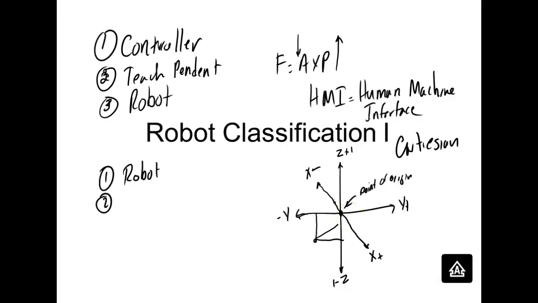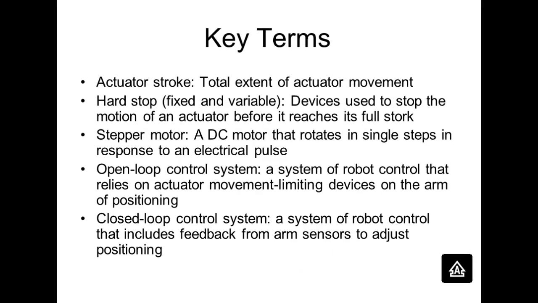So robot classifications. We need to understand a little more about robot classifications. So actuator, what's the actuator? The actuator is that device that converts a pressure into a motion. Basically, we have two categories of actuators.